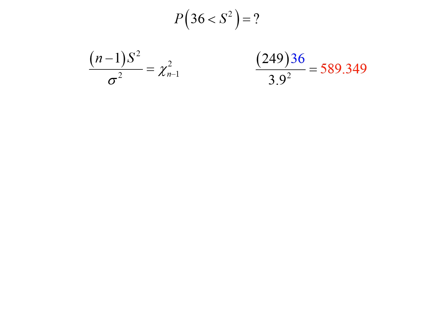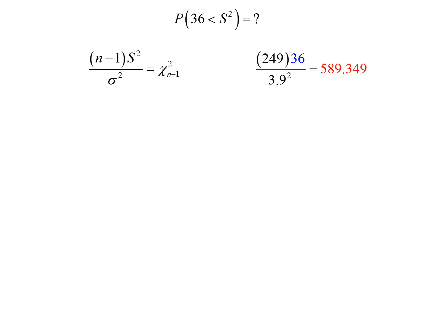Currently, we had S squared of 36 as our boundary, and when our sample variance was 36, our chi-squared score was 589.349. We're interested in the probability that we get a sample variance of 36 or higher.